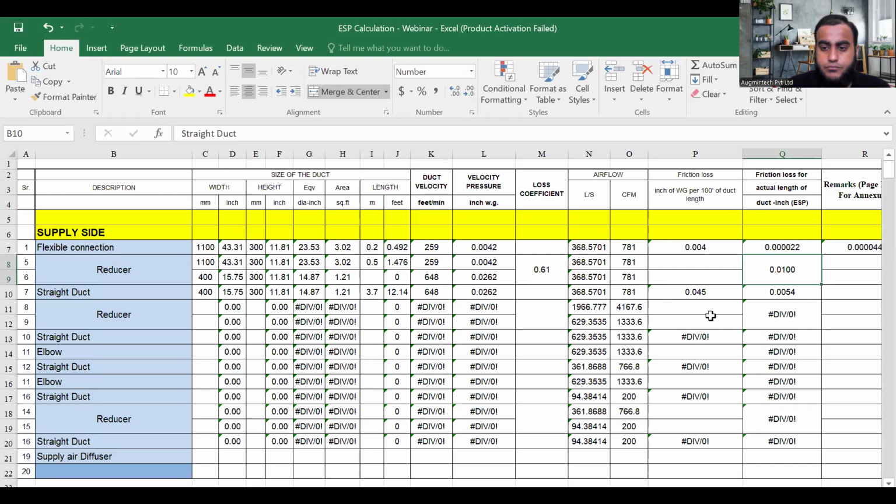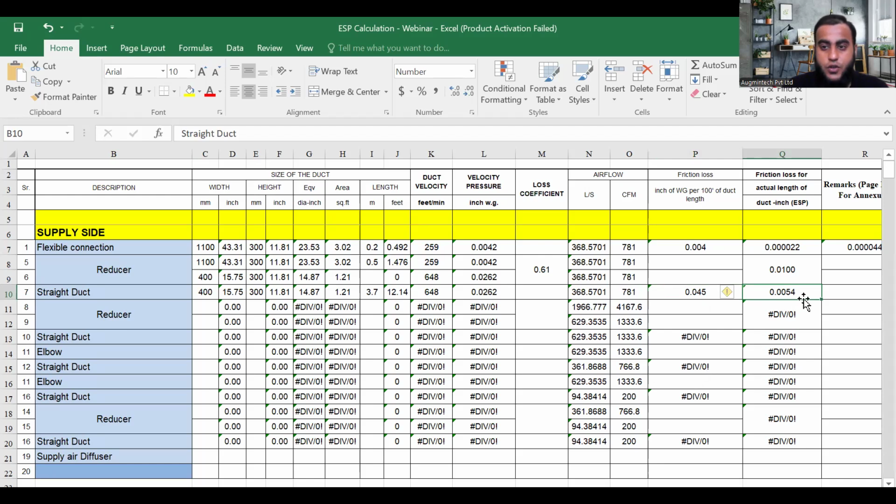See how much we are getting here as friction loss in 100 feet of duct length. Friction loss is showing, tell me please. 0.045. But our total duct length is 12.14 feet. So if for 100 feet of duct length friction loss is 0.045, then for 12.14 feet of duct length, how much? You have to do the cross multiplication. So 0.0054.